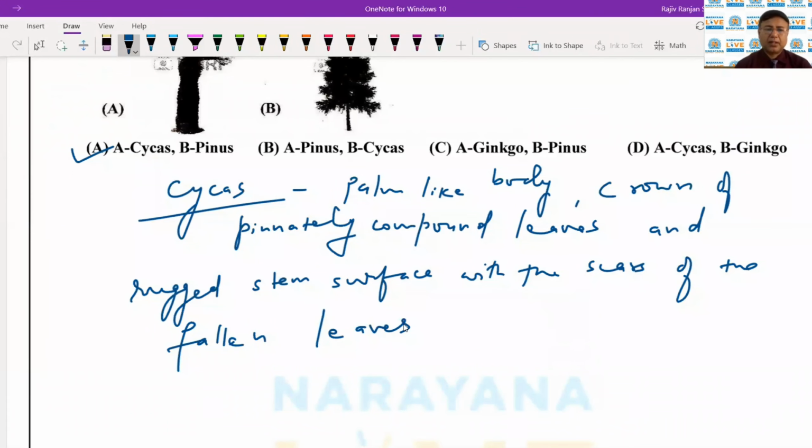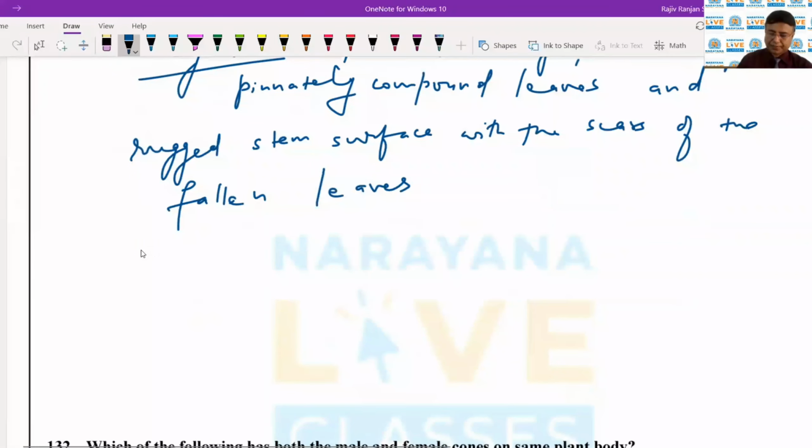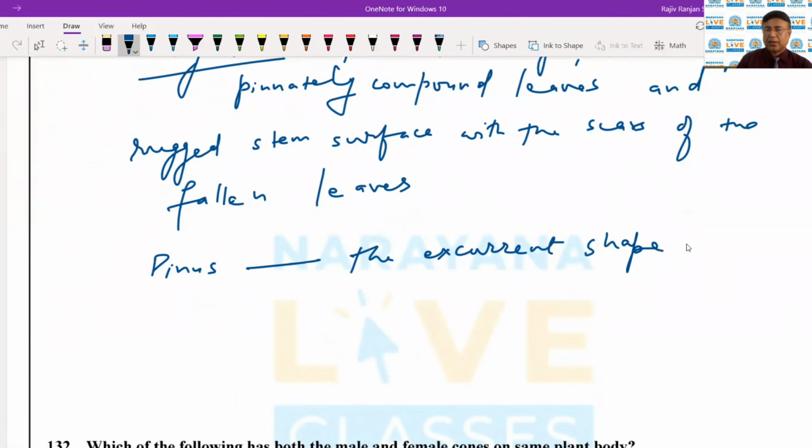On the other hand, Pinus is marked by the excurrent shape, the excurrent contour of the tree.